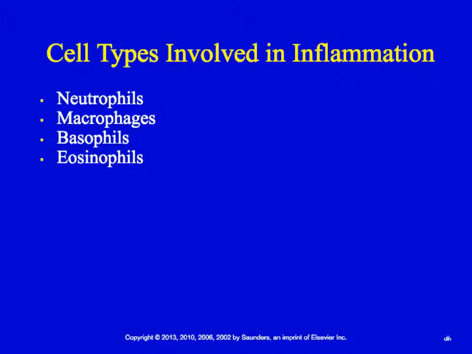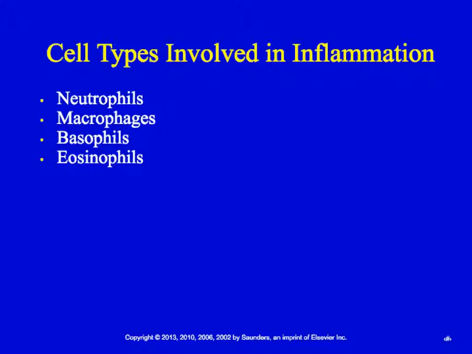These are specific white blood cells that are involved in inflammation. When there is an inflammatory response in the body, these are specialized white blood cells. There's a good table on page 305, table 19.1, that reviews what exactly these cells do.